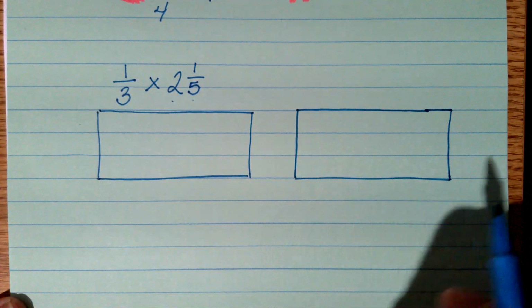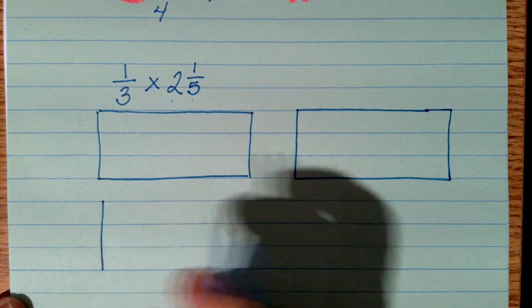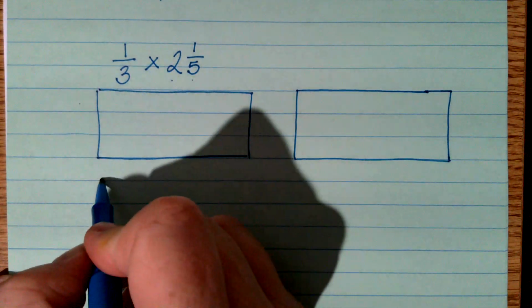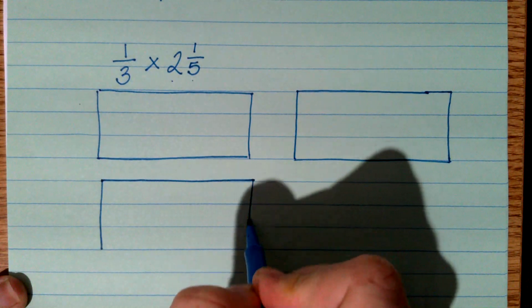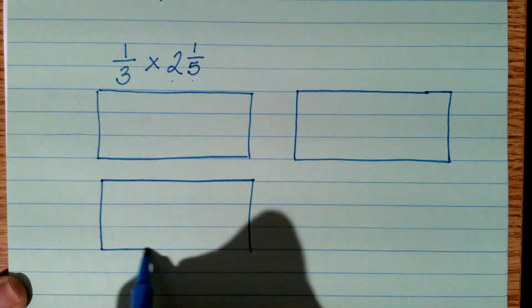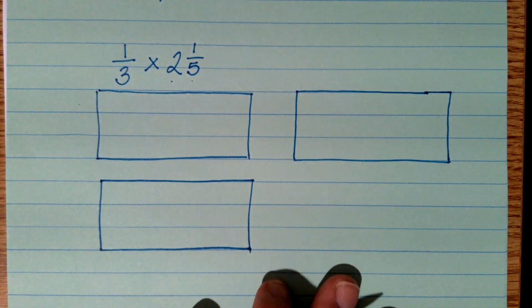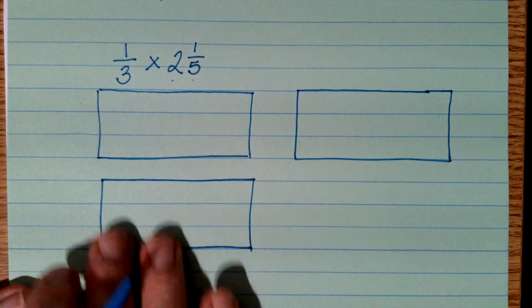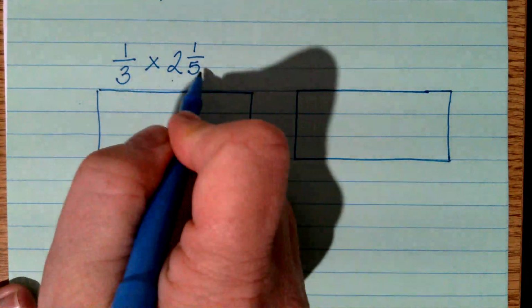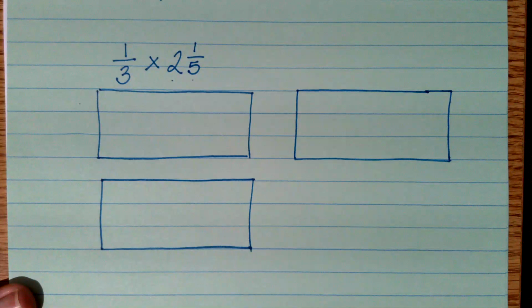And then I'm going to draw another rectangle that will help me when I get to that 1/5 part. All right. So I've got my 3 that gives me 2 1/5 that I can work with.